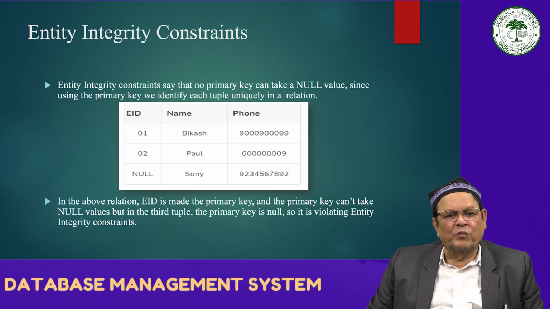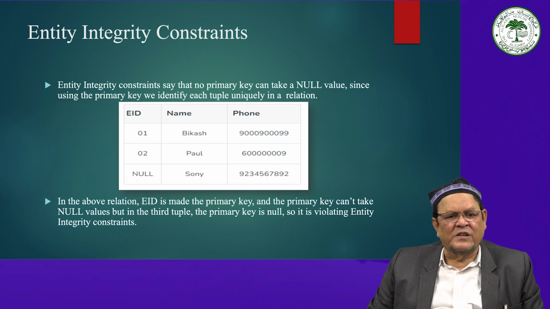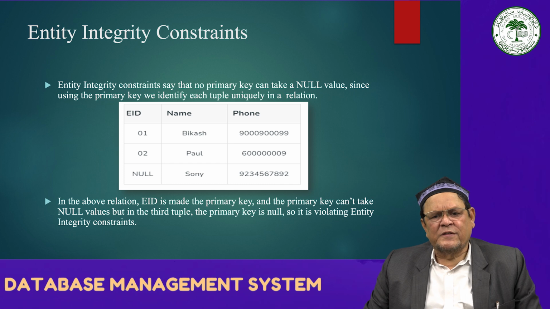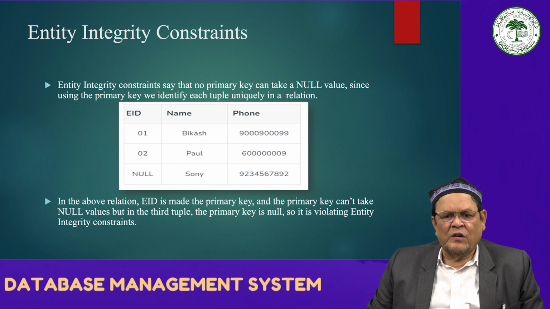Another very important constraint in a database management system is the entity integrity constraint. Entity integrity constraints are fundamental rules in a database management system that ensure the uniqueness and validity of data within a table. They primarily focus on maintaining the integrity of individual entities or records within a table.